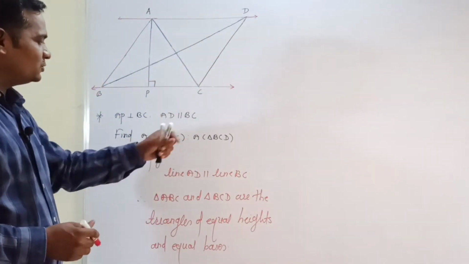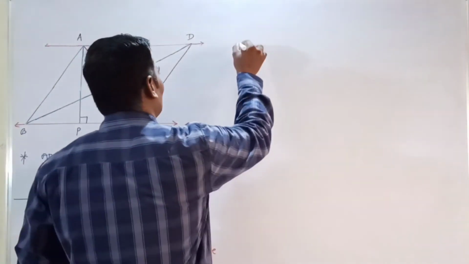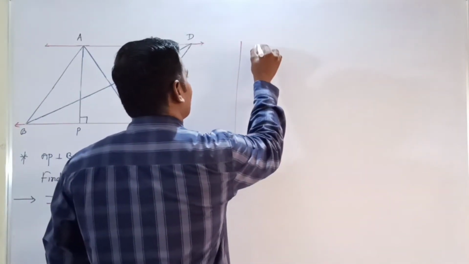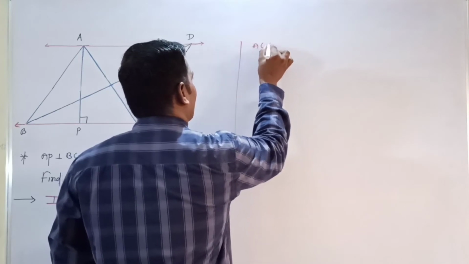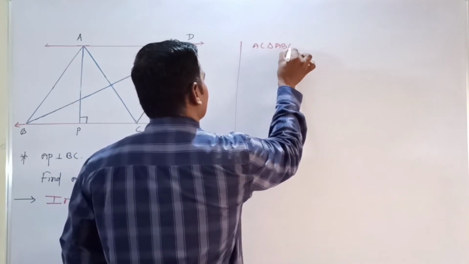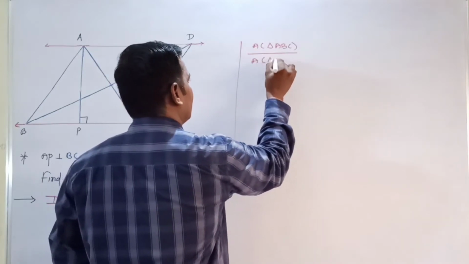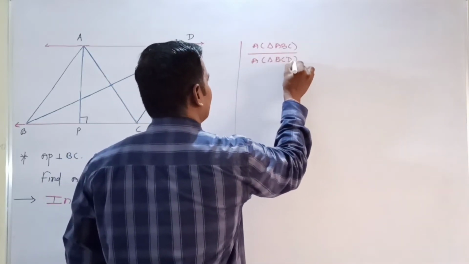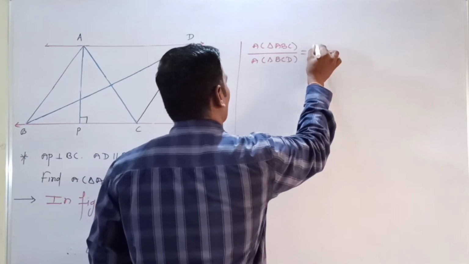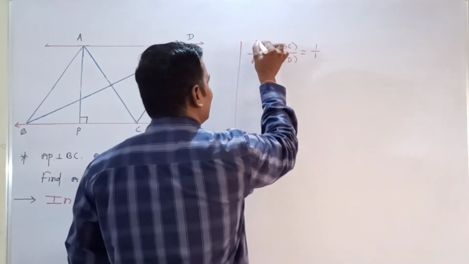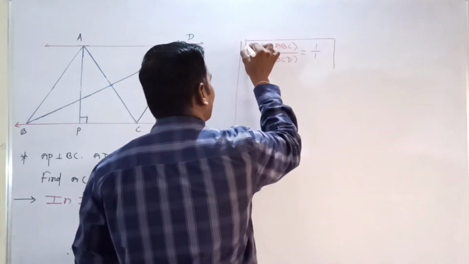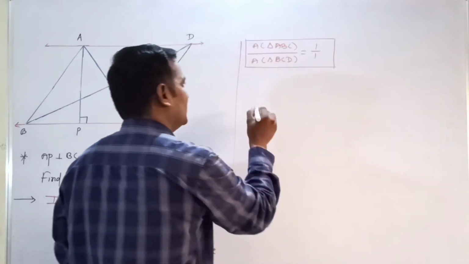So let's take the ratio of area of these two triangles. That means area of a triangle ABC upon area of a triangle BCD is equal to 1 upon 1. We can directly write that answer 1 upon 1. That means 1 raised to 1.